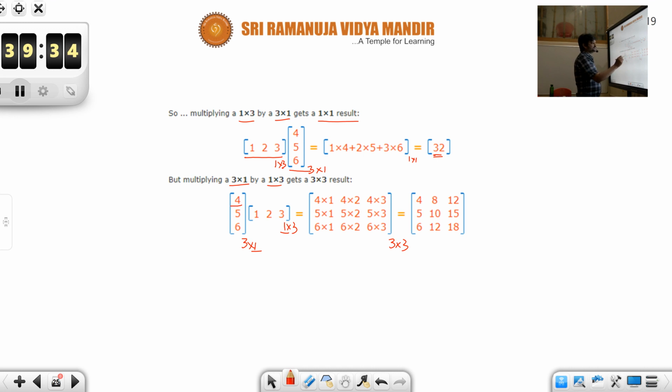Find the corresponding dot products: 4 times 1, 4 times 2, 4 times 3, then 5 times 1, 5 times 2, 5 times 3, then 6 times 1. Again it is the same thing. You perform the dot product between the corresponding rows of the first matrix and the columns of the second matrix.